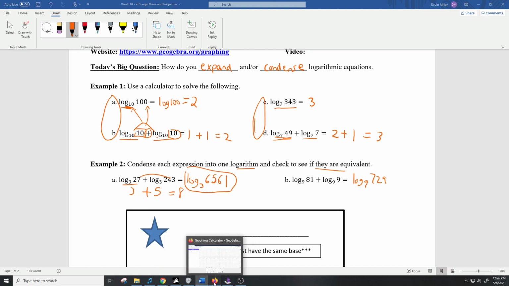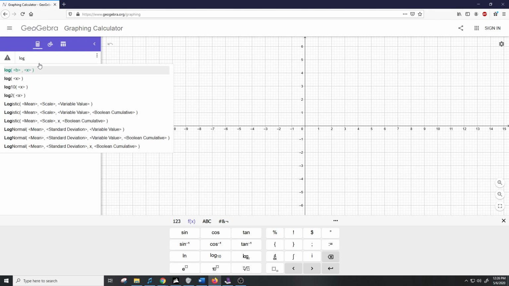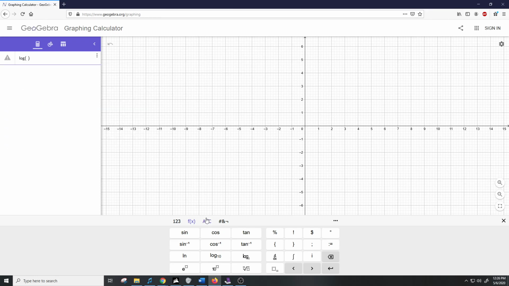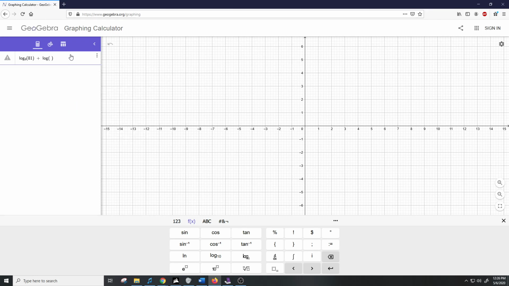Log base 9 of 81. Let's do it this way. 81 is 2. I wonder if I'll put both of them in there. I have not tried this before, so log base 9 of, oh, see there, it's not giving me the base. Maybe it does not like that.